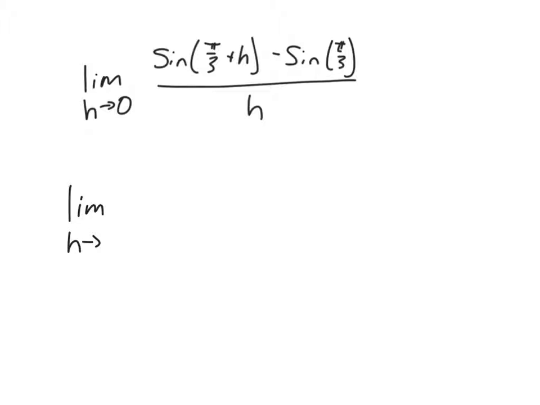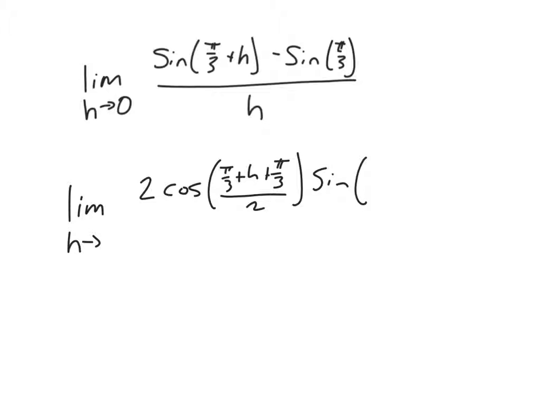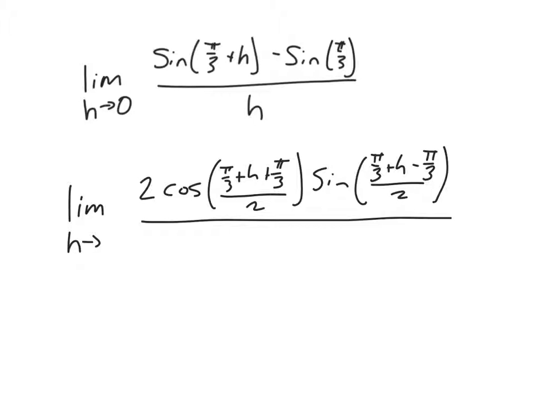It's going to be 2 times the cosine of our alpha, which is pi over 3 plus h, plus beta, which is pi over 3, divided by 2, times the sine of our alpha, pi over 3 plus h, minus beta, which is pi over 3, over 2, and then we still have our denominator of h.